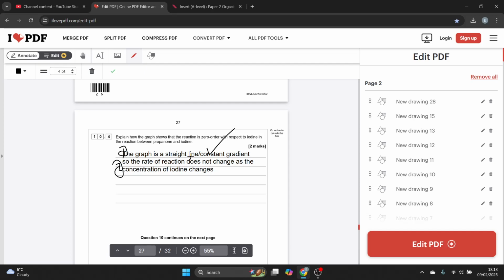So the rate of reaction does not change as the concentration of iodine changes.